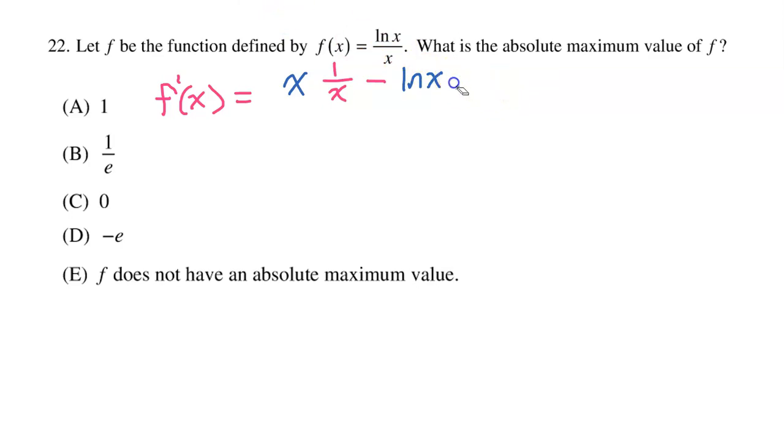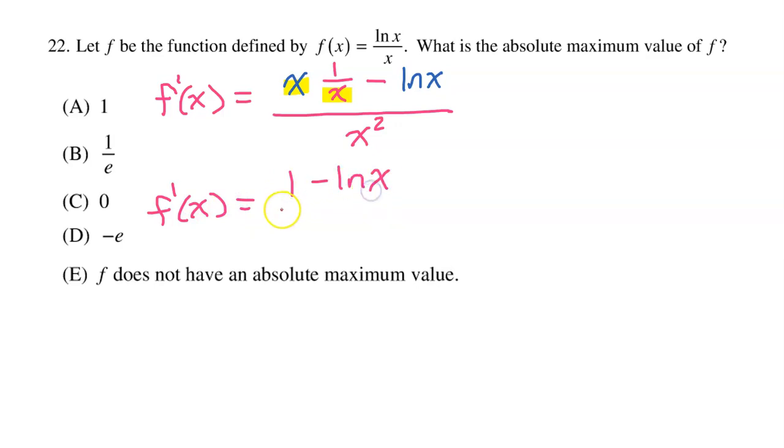Draw the line and down below, the bottom squared will go. Notice that these x's will cancel each other out. So our expression for f prime is 1 minus natural log x over x squared.